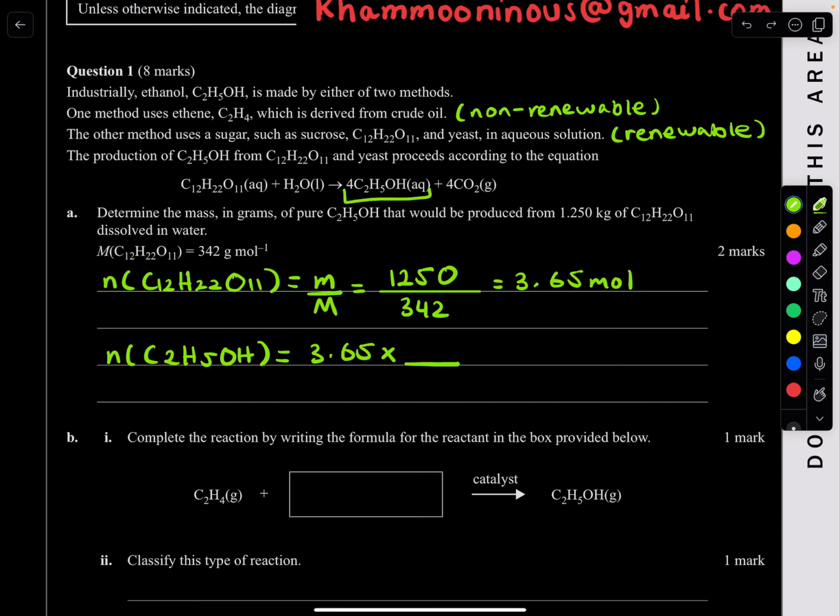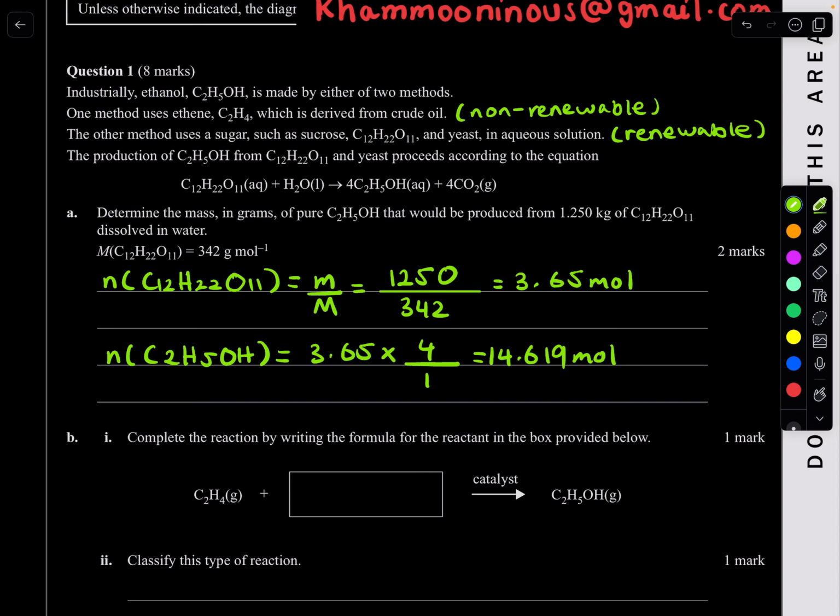So if I want to find the mole of ethanol, I look at the coefficient in front of it, and it has a 4, divided by the one I used. Sucrose has a coefficient of 1. So it's pretty much 4 times 3.65. And that gives me 14.619 mole of ethanol.